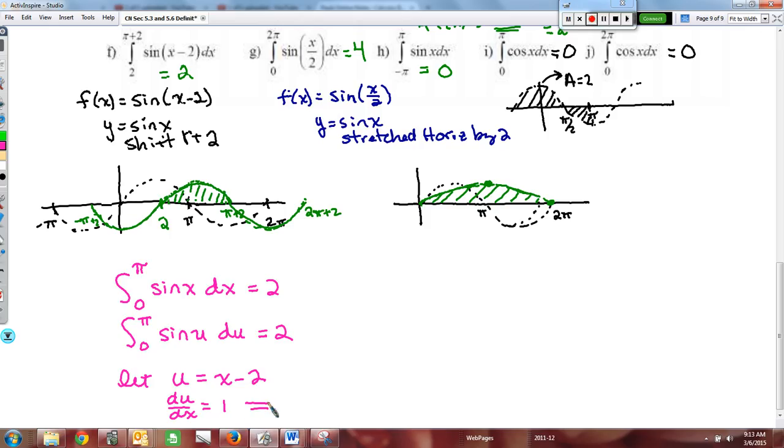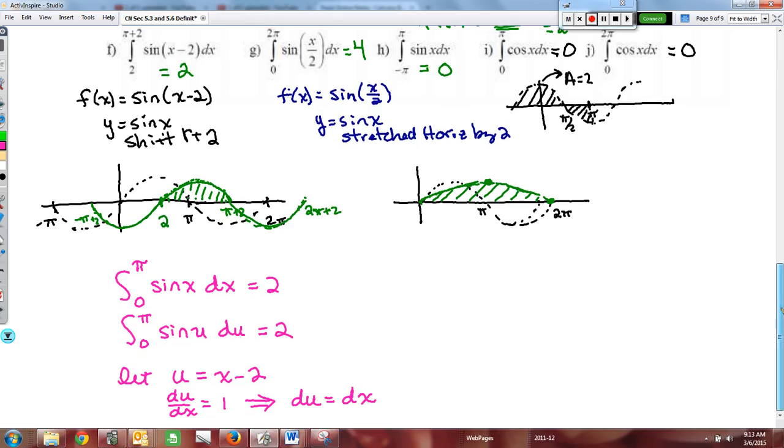Now, I want to write this in differential form. The differential in u is exactly equal to the differential in x. So what that's going to allow me to start to do is to take this problem up here. So all I'm doing right here is some pre-work.